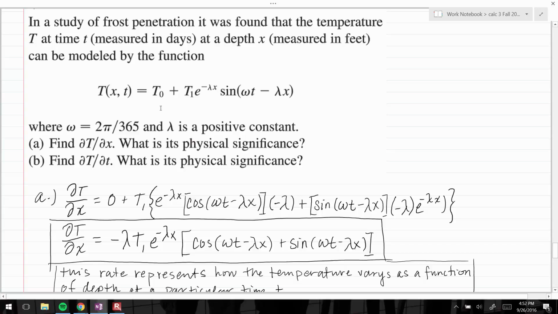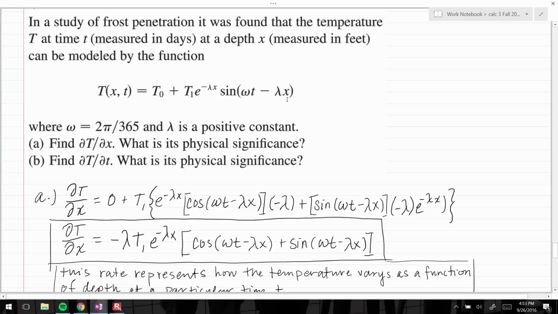So notice that then it's just t's and x's, and you need to try to focus on that when you're taking this partial of big T with respect to x. So T sub 0, its derivative is 0. T sub 1 is a constant. You can start nesting in here and looking at what remains. You have e to the constant x, sine with a t and an x.